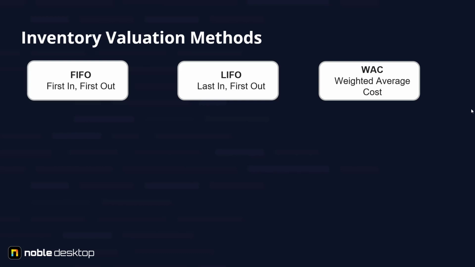The other advantage of WAC is that it reduces fluctuations in profit due to the timing of purchases and sales. Its most obvious disadvantage is that a WAC system is not sophisticated enough to track FIFO or LIFO inventories.